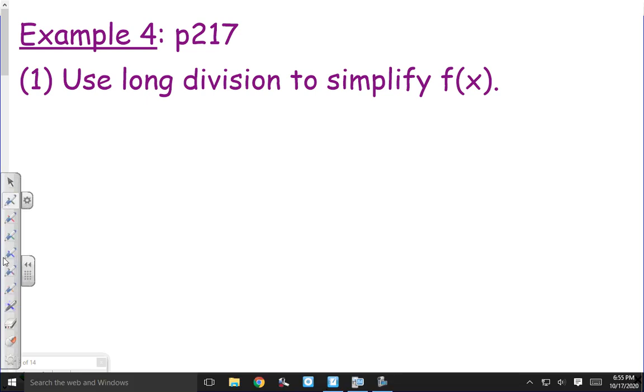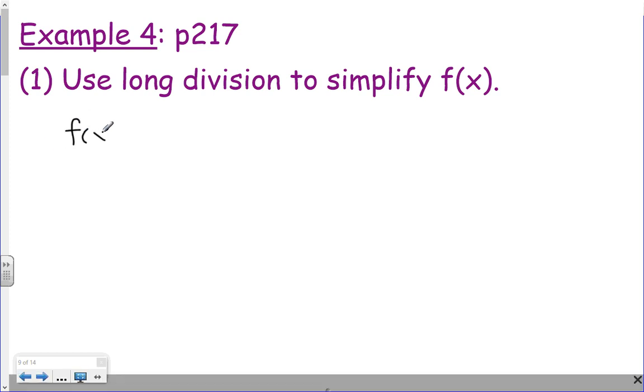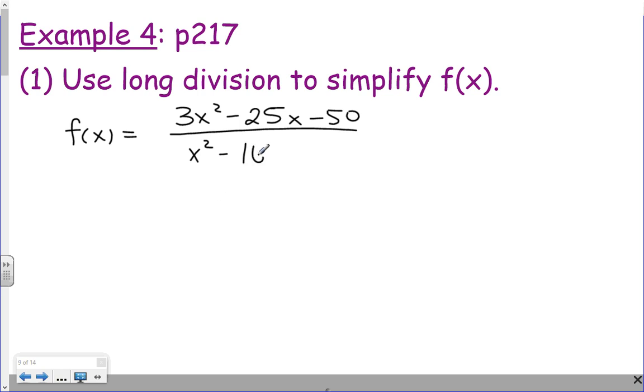So let's write down what f of x is equal to. F of x is equal to 3x squared minus 25x minus 50, and that's divided by x squared minus 16x plus 60.